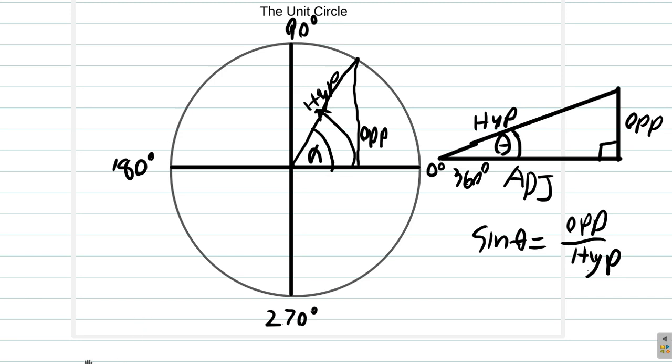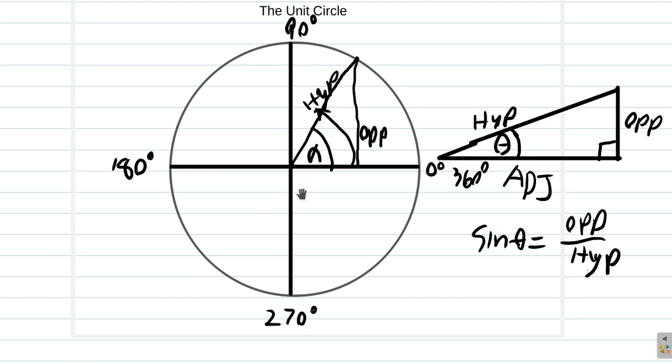If I should reflect this angle over here, this is also the hypotenuse. The hypotenuse is the same as the radius of the circle.